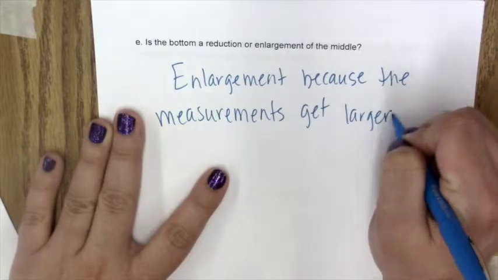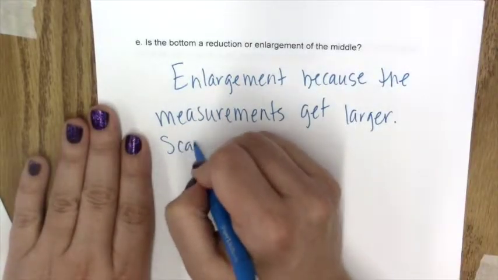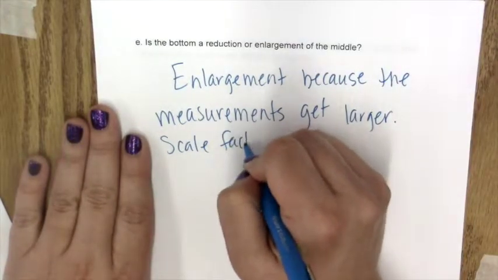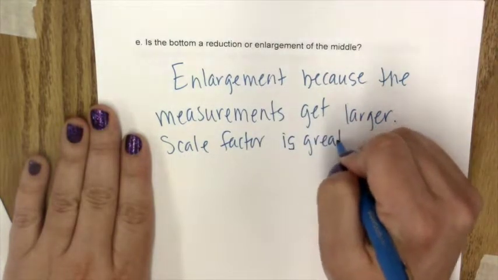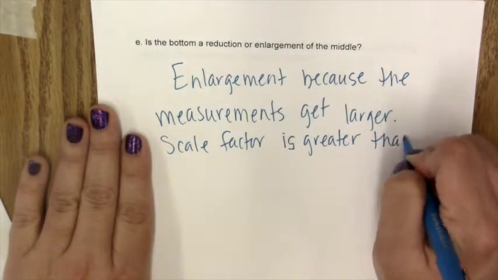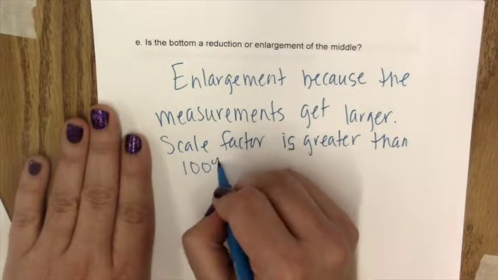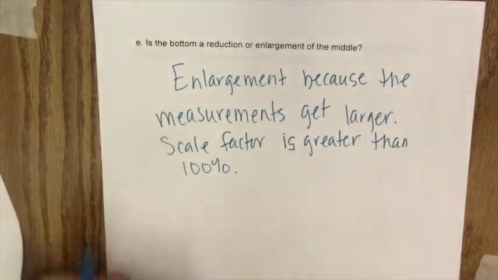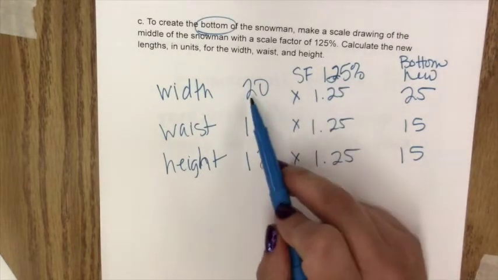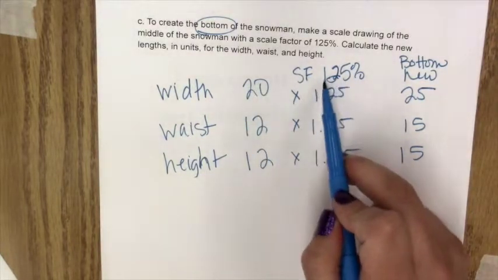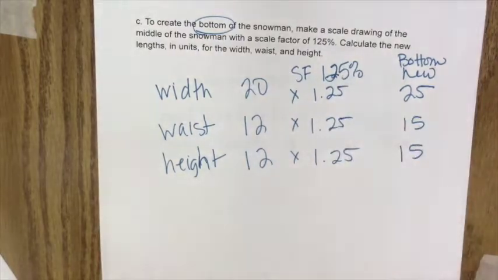We also notice that our scale factor is greater than 100%. So when the scale factor is more than 100%, we're taking all of the original, which would be 100%, and then a little bit more.